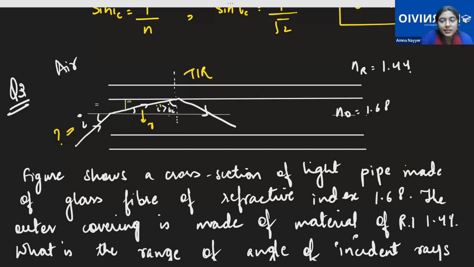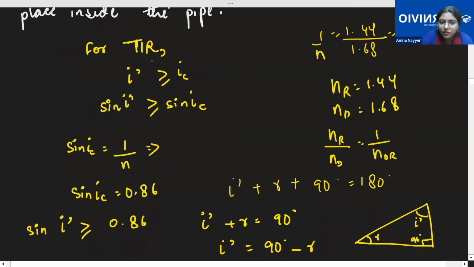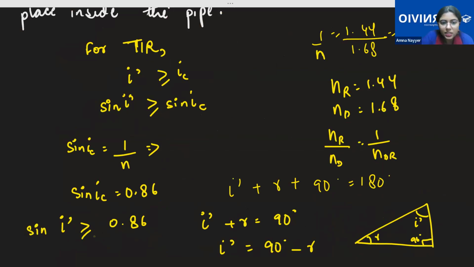For r, we can use the angle sum property, but for that we require this i dash. Now here, since TIR is occurring, we can use that knowledge to find out i dash. So what did we do? We used the concept of TIR, that is sine ic is 1 by n, and the refractive index were present. So sine i dash was found. Tell me the sine i dash part, have you understood why it is greater than or equal to 0.86?